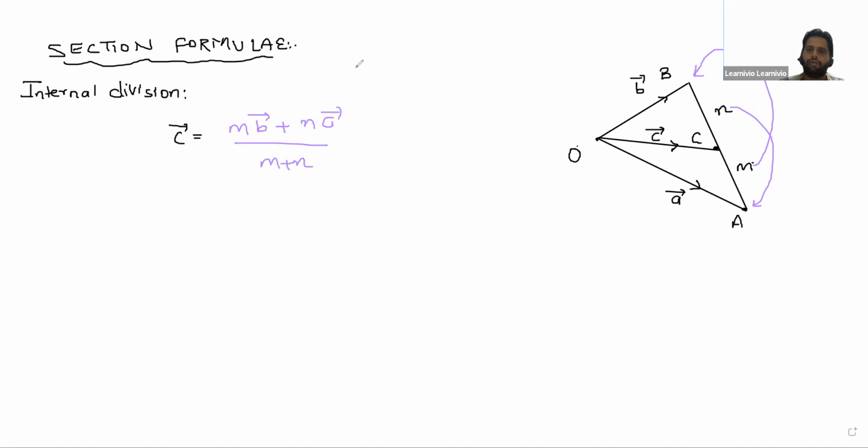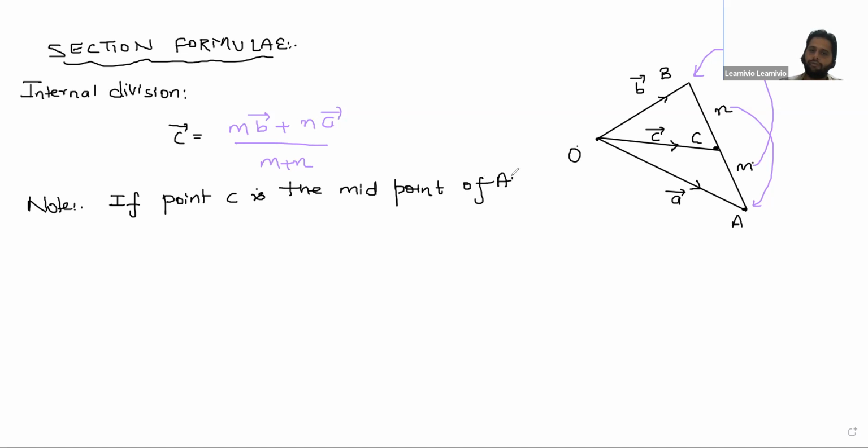Now here we will write a note. If point C is the midpoint of AB, then m will be equal to n.